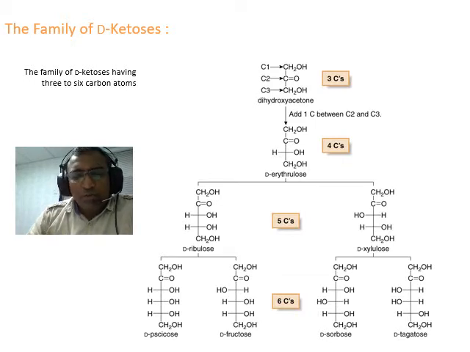So you have, from the very basic 3-carbon dihydroxyacetone, where ketoses have the carbonyl group at C2, and then you progress to a larger number of carbons, and the popular one is D-fructose for the D-ketoses family.